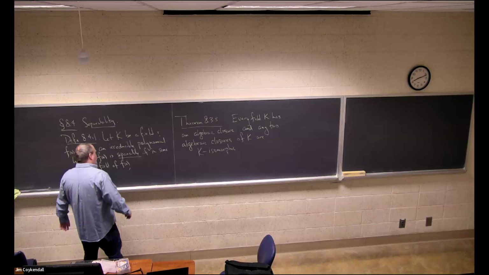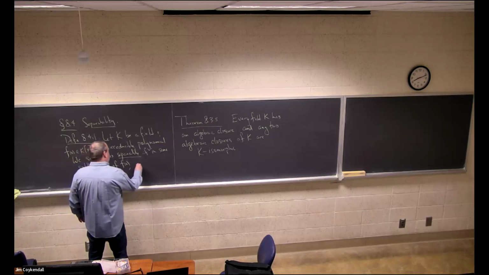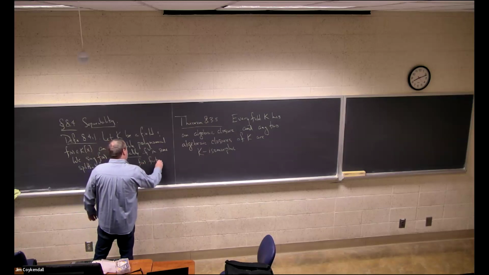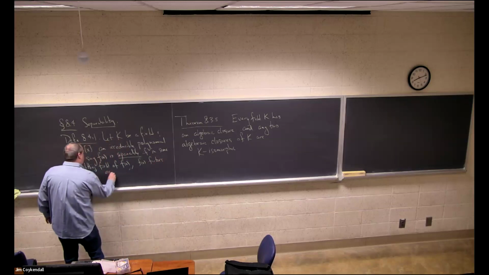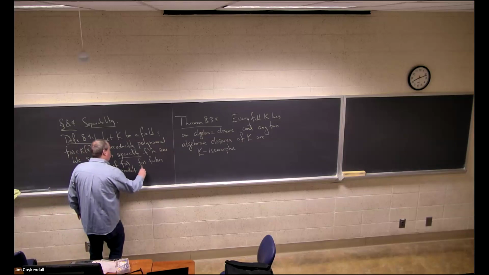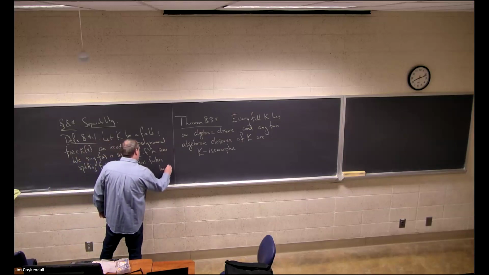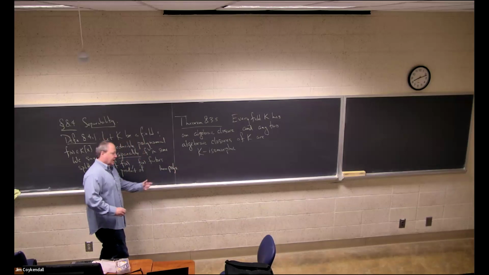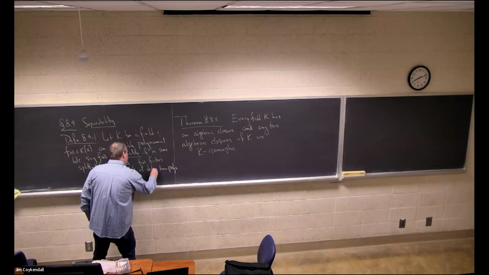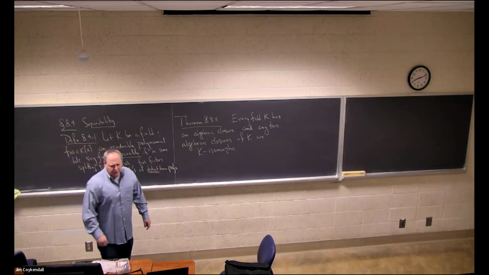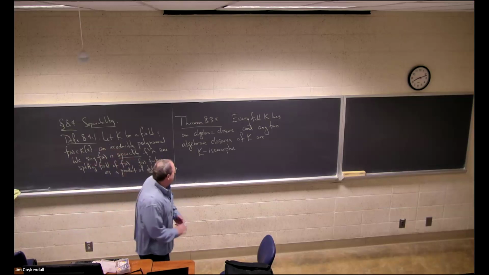We say that the polynomial is separable if in some splitting field, f of x factors as a product of linear polynomials. Here's what makes it separable: distinct. In other words, you don't have any multiple roots.